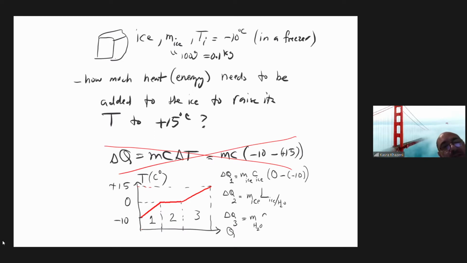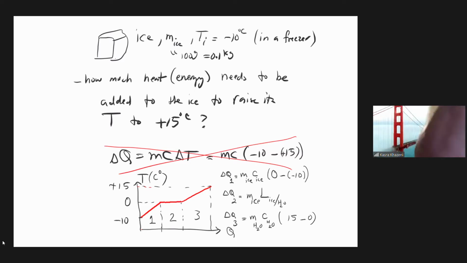And this time we have to use the specific heat for water. Now, T final is 15, and T initial is 0. Okay? So these are the 3 that we need.